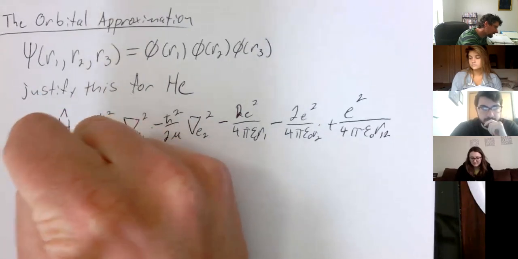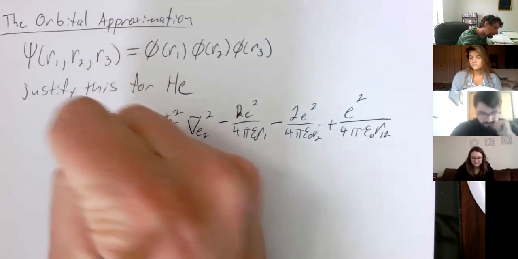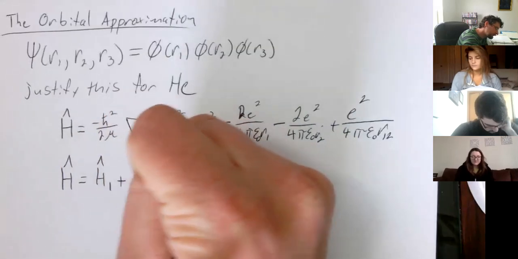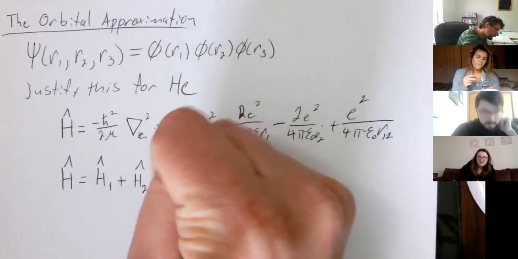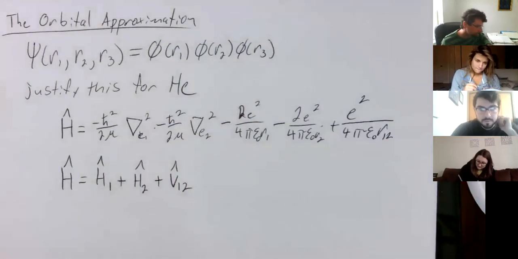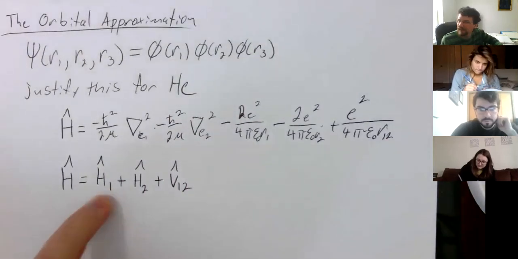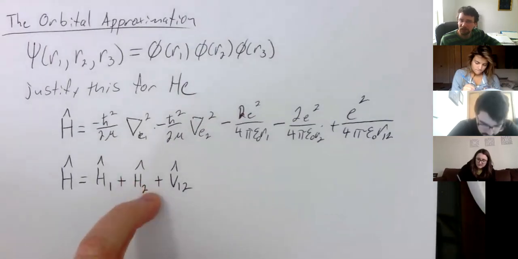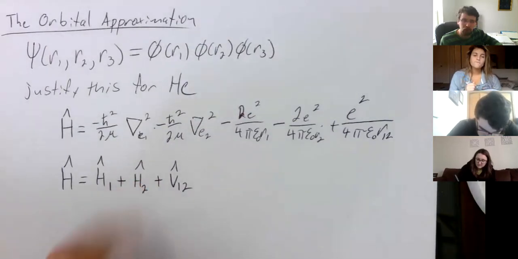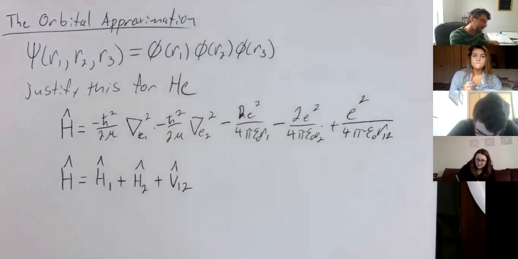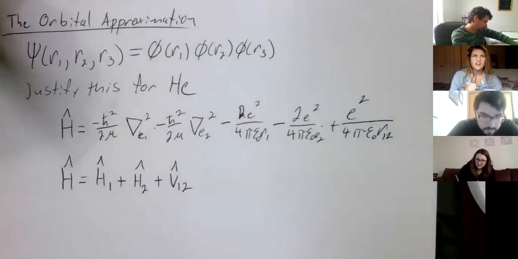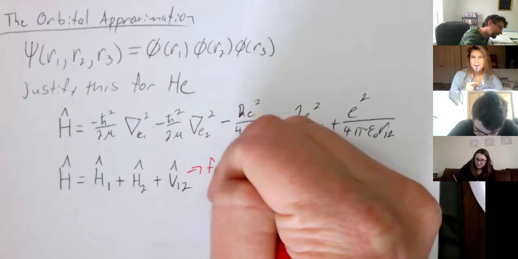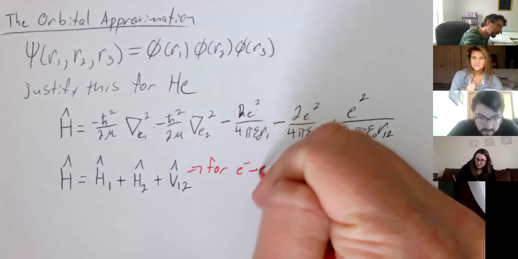We want to represent this as H1, H2, V12. So what are these things? This is the Hamiltonian for electron number 1. This is the Hamiltonian for electron number 2. And what's this last thing? The potential energy of 1, 2. Yep, so this is the electron-electron interaction.